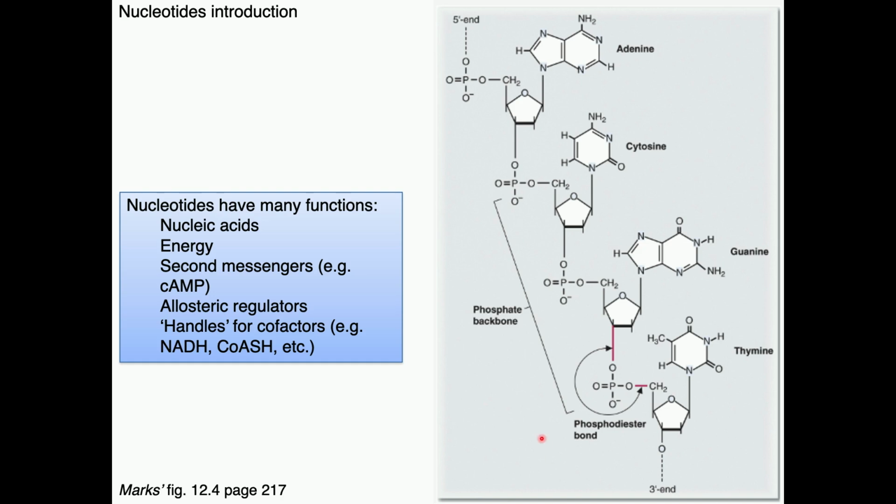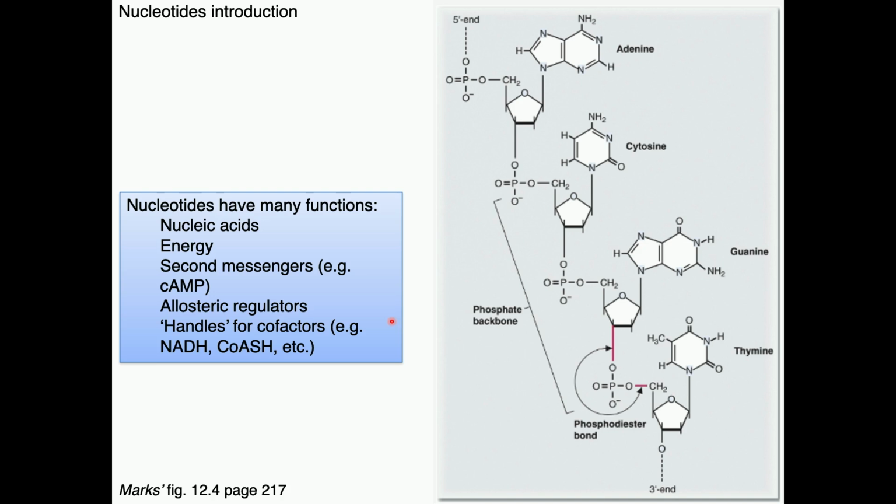We've also seen a few examples in coenzyme A and in nicotinamide adenine dinucleotide, where a nucleotide structure is part of a handle of an organic molecule that allows enzymes to grab it. There may be some other functions of nucleotides, but I think that's a decent summary.